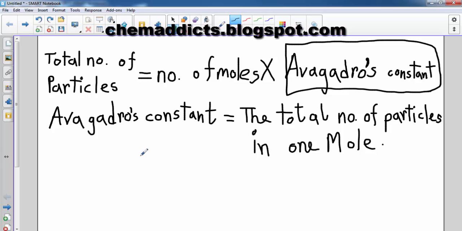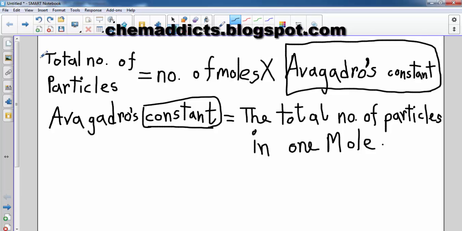Okay, so this is constant. This number is always constant. I hope that you have understood why it is constant, because it is already stated that this is a constant, Avogadro's constant. So, can you tell me which should be the variables?